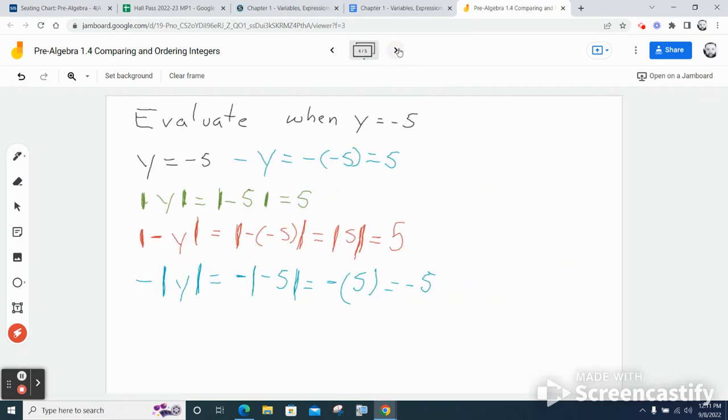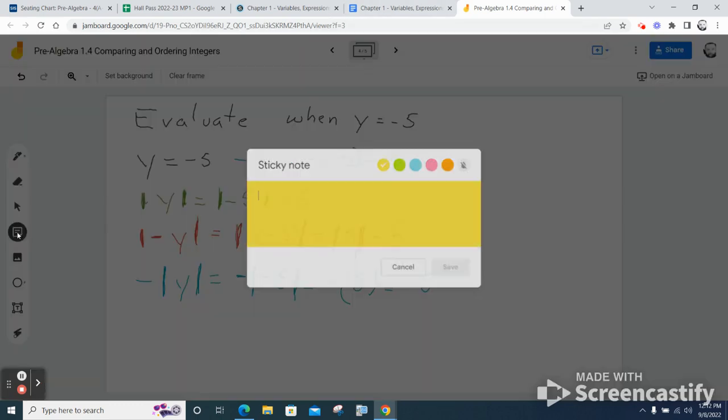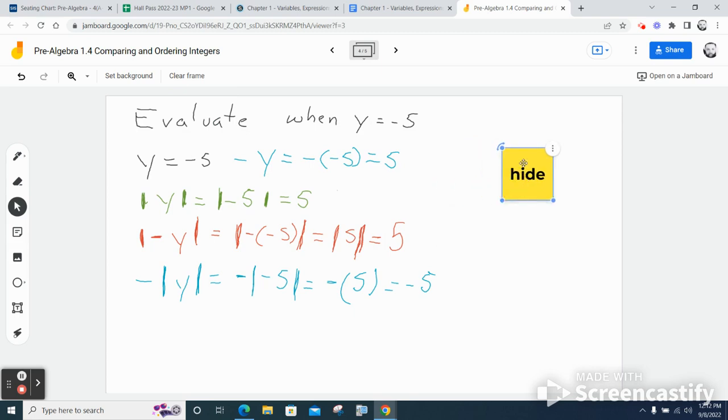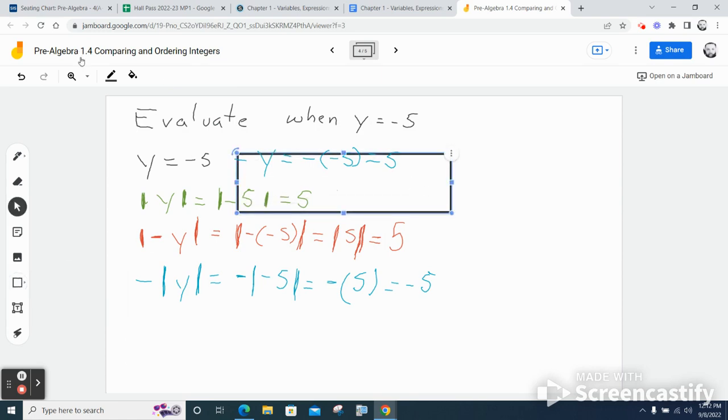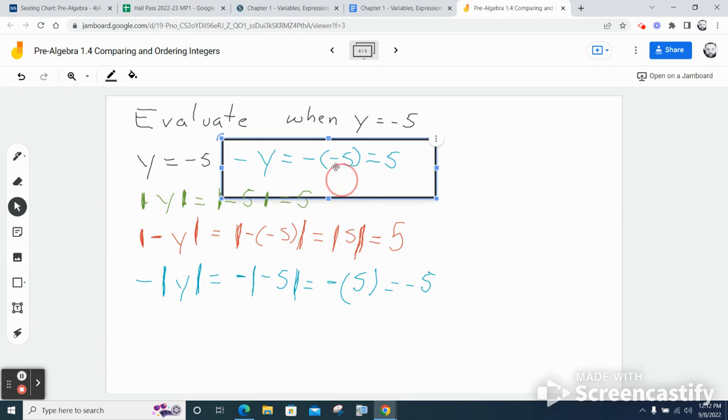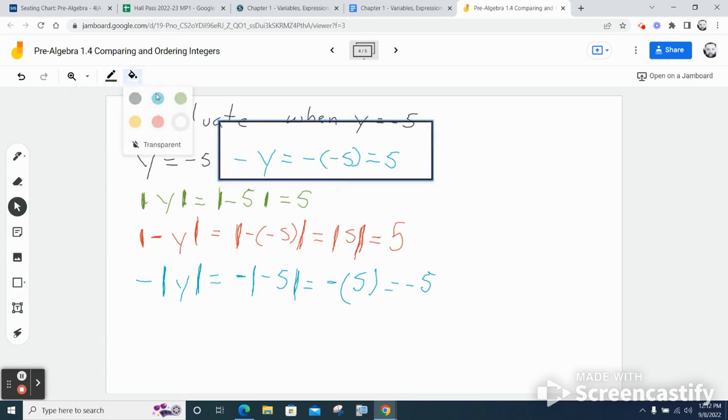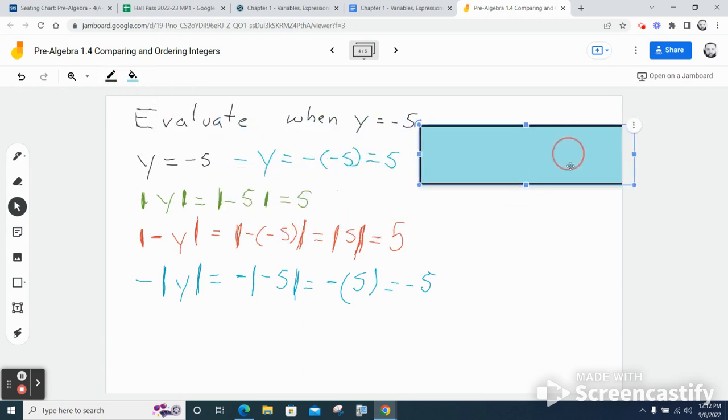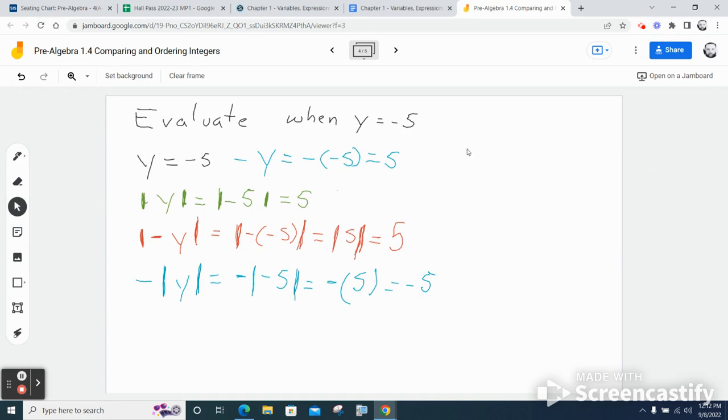Oh, finally. So example number 1 wants us to evaluate a couple different problems. I should probably put a Post-it note up here. It doesn't really hide anything. So let me explain.